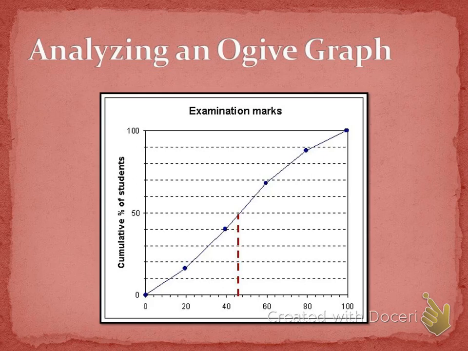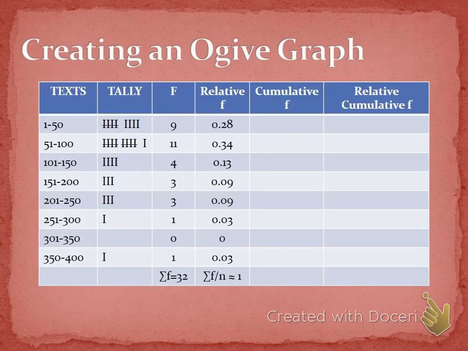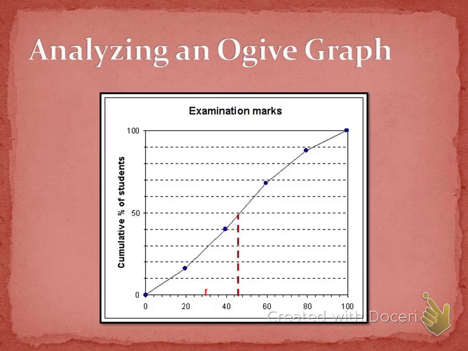So if we go and find a test score of, say, and we've got to watch our scale here, 20, let's see, 30, 1, 2, 3, 4. So 30 is about right there. So this probably puts us at about 44% less than that, something like that.